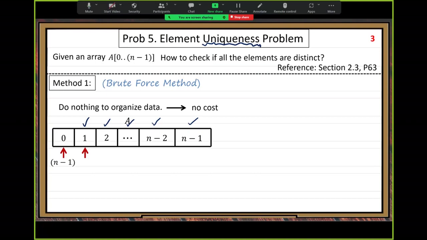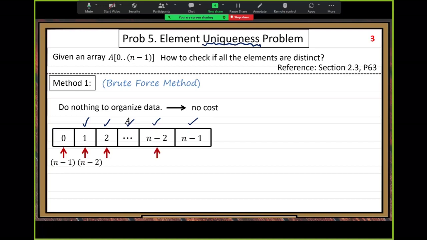In the second round, we look at the element with index 1, then do the comparison with the remaining elements. So this time we need to do n minus 2 comparisons for the worst case. For the best case, still one comparison. For the worst case, n minus 2 comparisons, and so on.